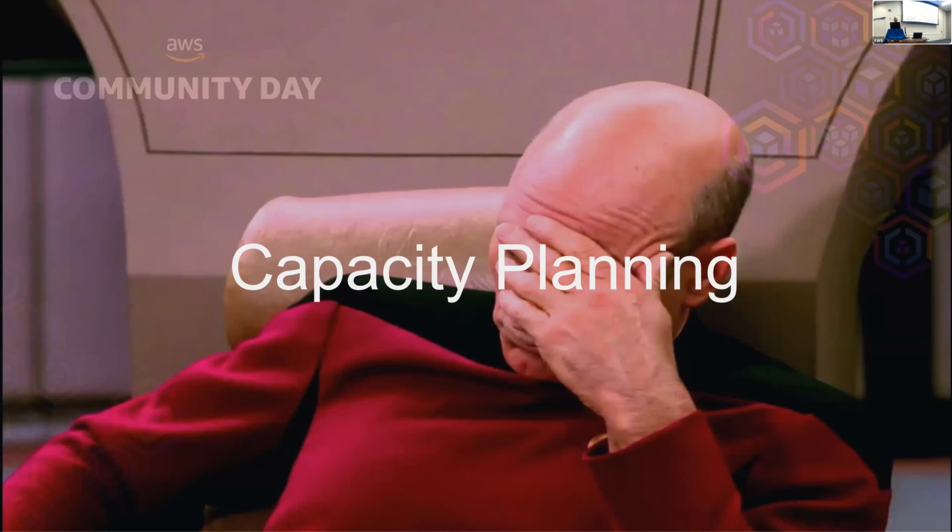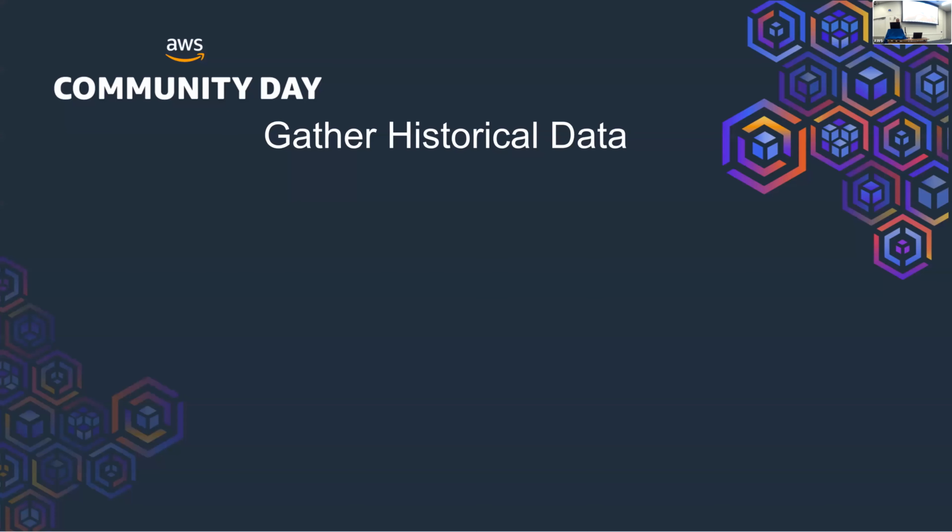Again, capacity planning is a headache that nobody wants, especially if you are using managed services. But I can promise you, it's not that bad with DynamoDB. So you have to basically gather the historical data that you can easily get from CloudWatch. You can see traffic pattern.